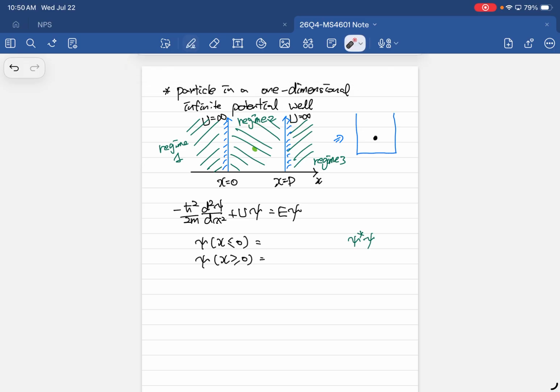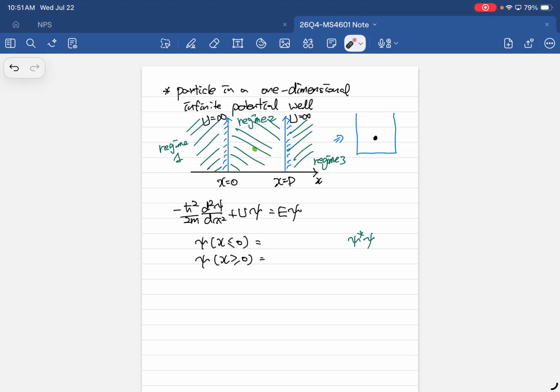The probability of finding this particle in region 1 and region 3 is 0, because the wall is infinitely high. If you put something inside, can you find it outside? No, right? So psi star psi must be 0 in region 1 and region 3, and because of that, psi must be 0. Does that make sense? That is our argument.